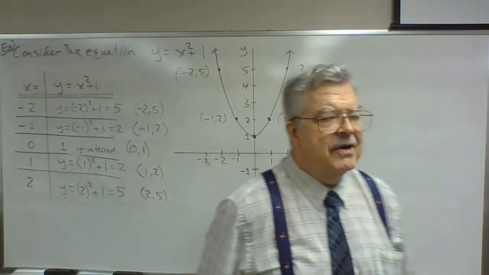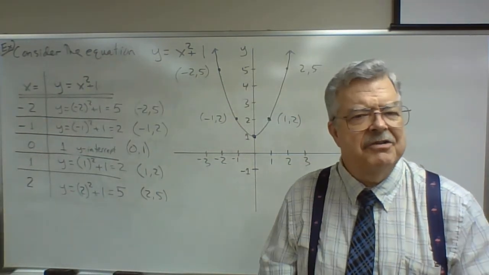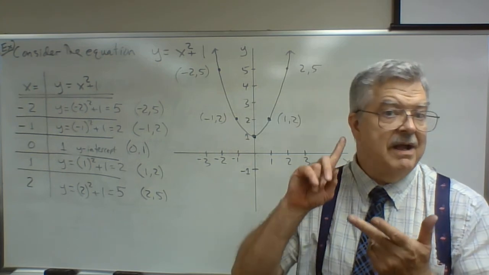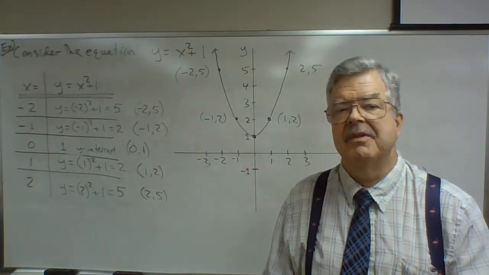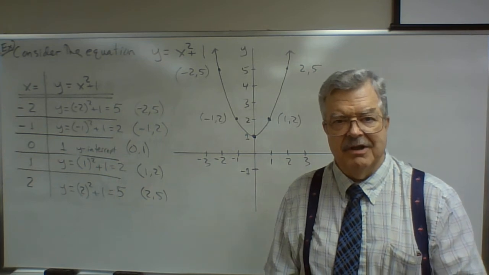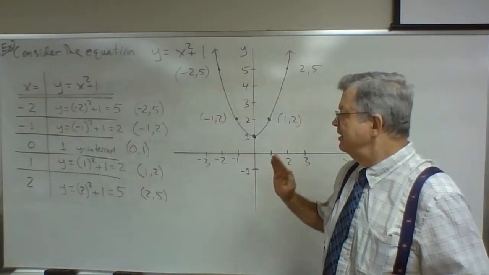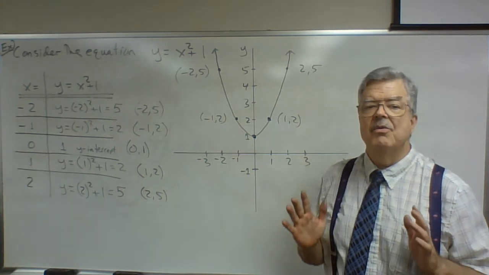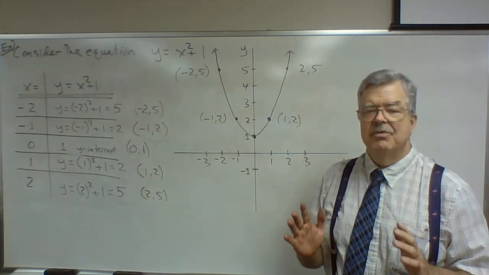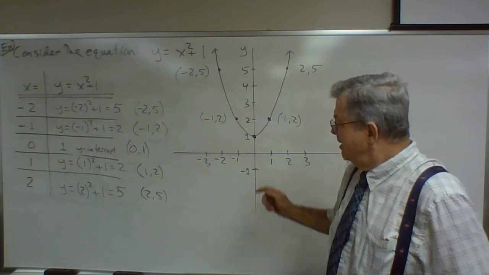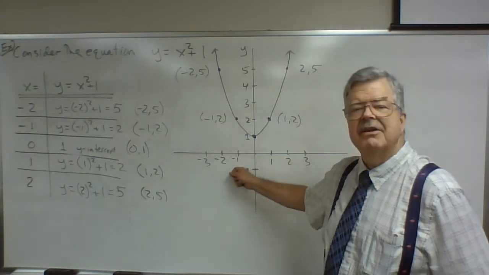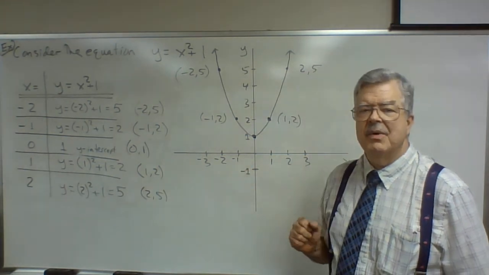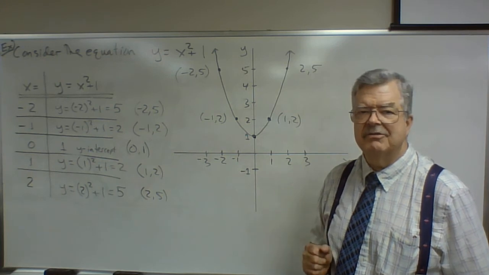So if we're looking for x-intercepts and we get imaginary numbers, or if we get complex numbers, that tells us the graph doesn't cross the x-axis. There are no real roots, no points on the x-axis where the graph of the equation crosses the x-axis.